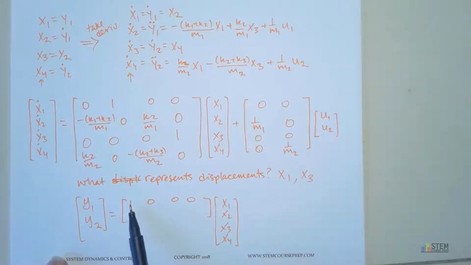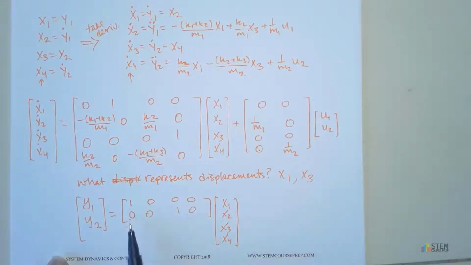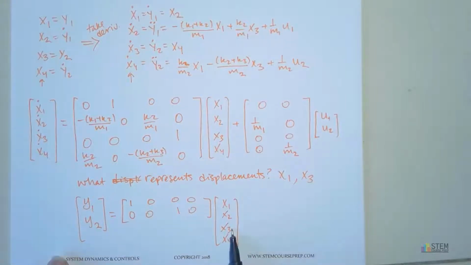Because remember, again, you're going to have 1 times x1 plus 0 times x2 plus 0 times x3 plus 0 times x4. All right, so you get that x1 back. That's what we wanted. y2, that's going to be the x3. So let's put 0, 0, 1, and 0. When you multiply this bottom row by this, you end up with x3. Okay, so that's how you get C.